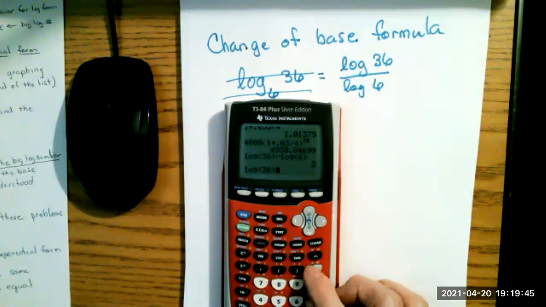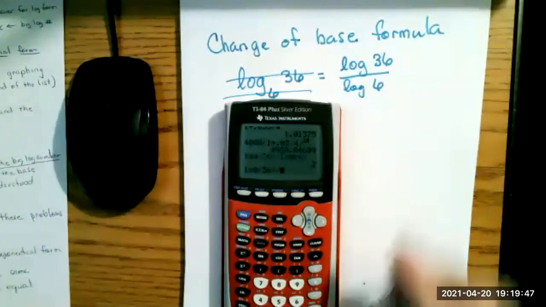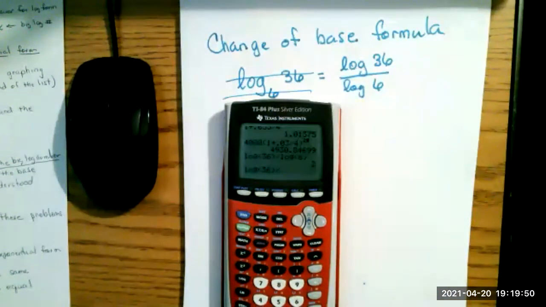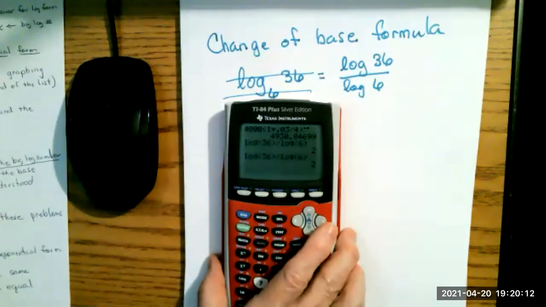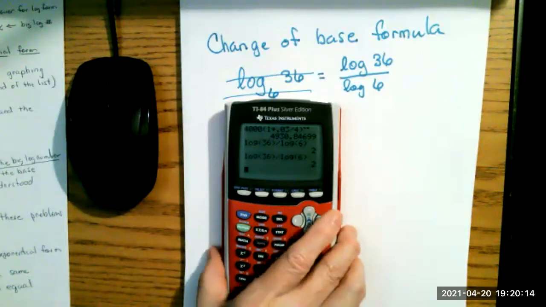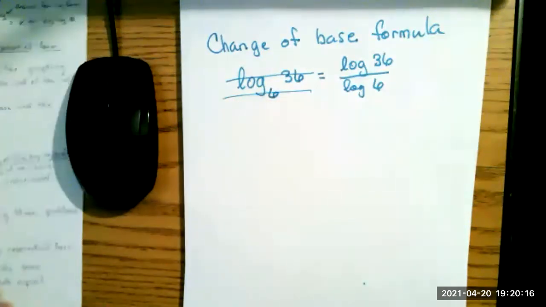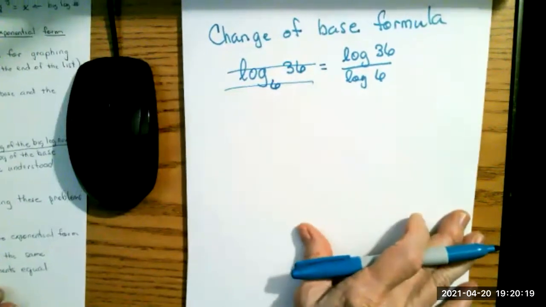Now then do divided by, because that's what that line means. 36 is in parentheses and 6 is in parentheses. And you should get 2. Did you get it that time? Yes, I did. Okay. That's called the change of base formula.